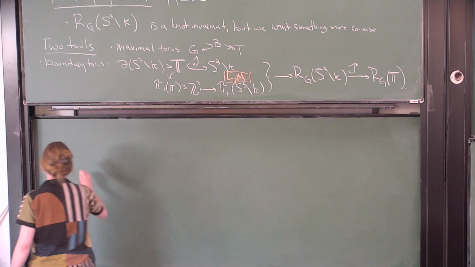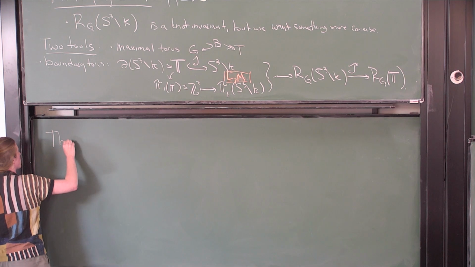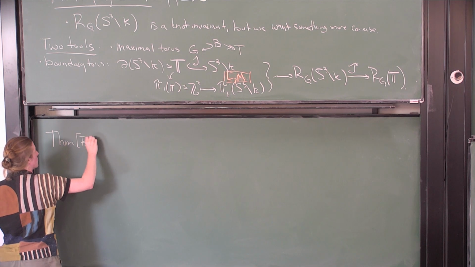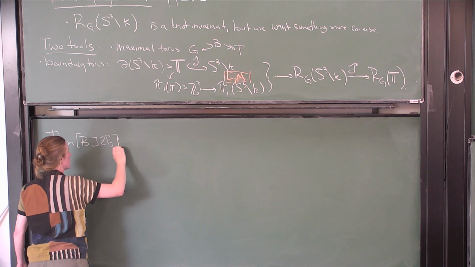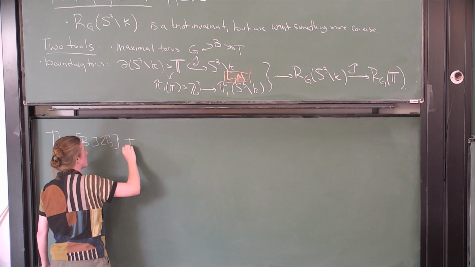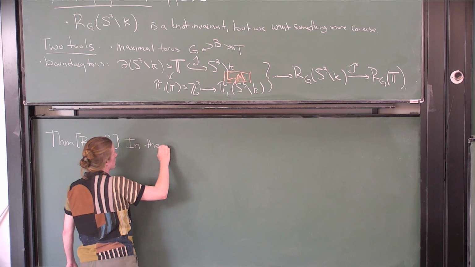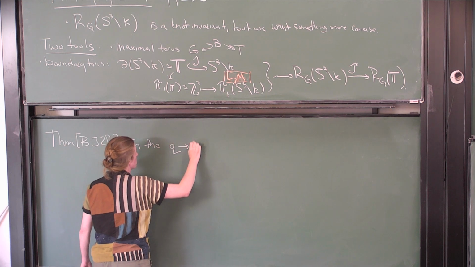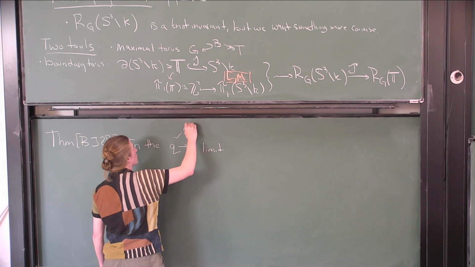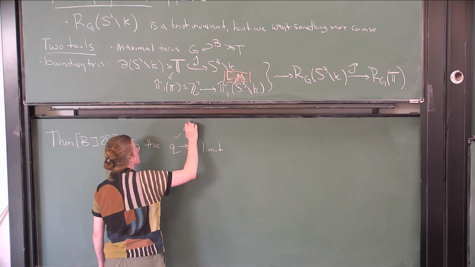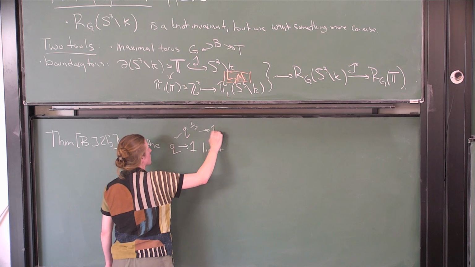Here's the theorem, also from the paper. It is when the Q goes to one limit. Actually, we go Q to 1/2, this is -1.